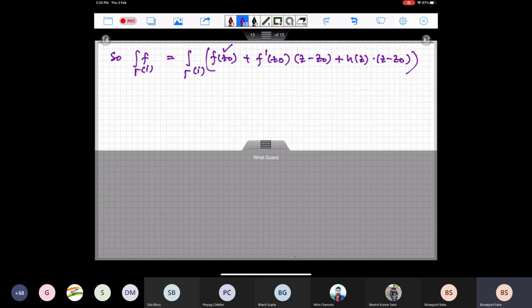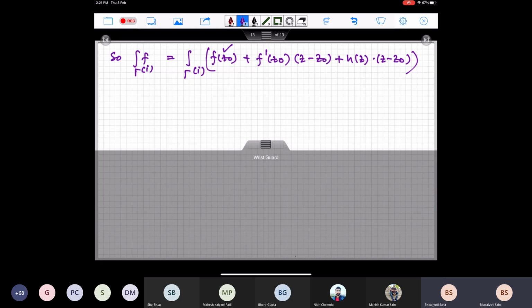Because a primitive exists, so it is independent of path. So I can take the function this constant times z, and if I take its derivative I get the constant. So it has a primitive, so that integral is zero.